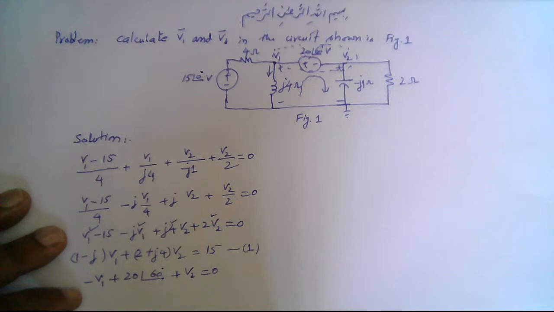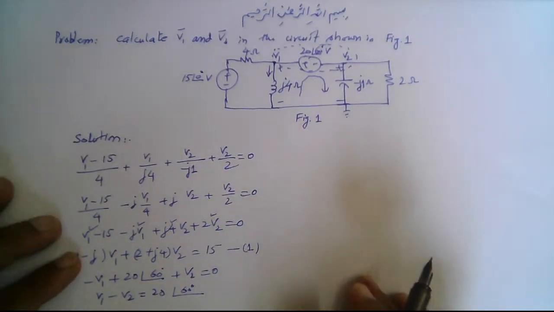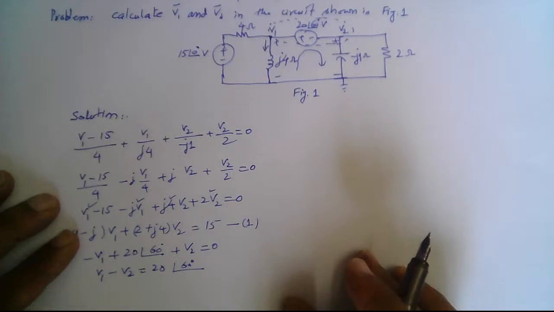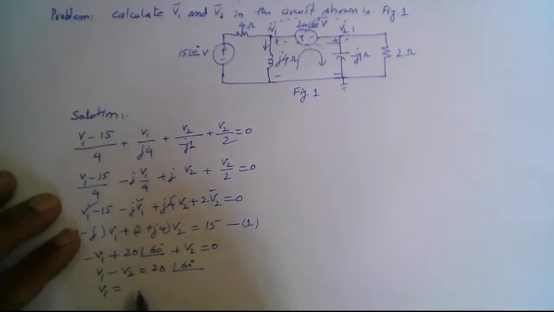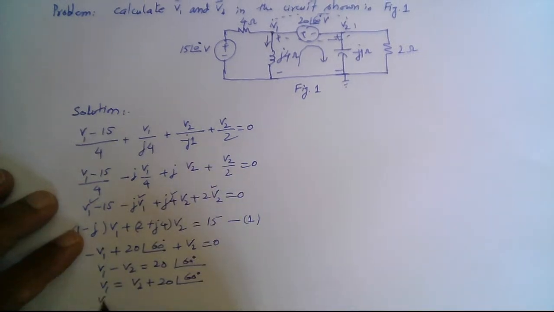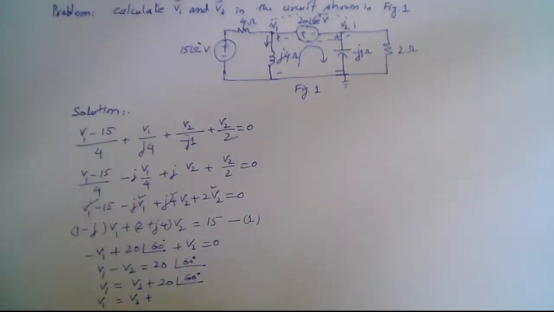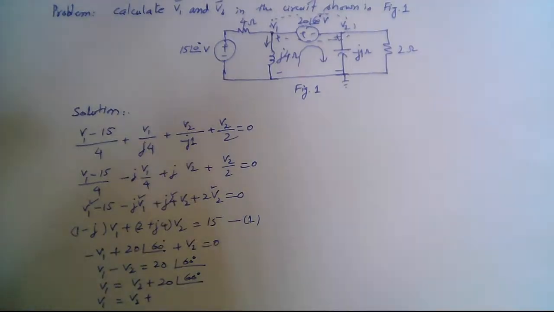So that means V1 minus V2 is 20 angle 60 degrees, and we can write this as V1 is equal to V2 plus 20 angle 60 degrees. We can also transform this 20 angle 60 degrees into the rectangular form. So V1 is equal to V2 plus, let me transform this into rectangular form now.